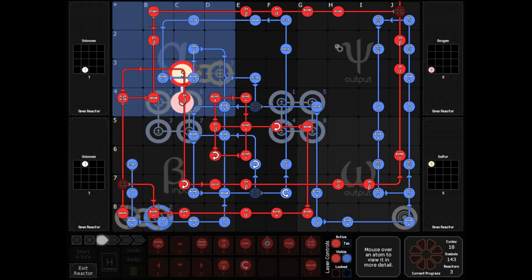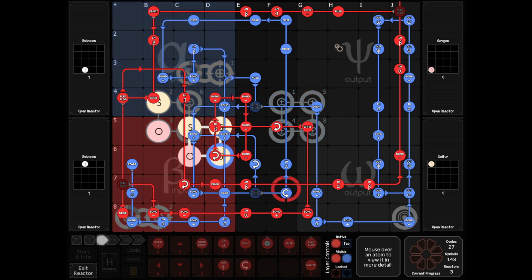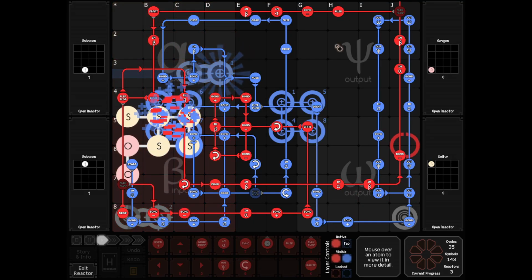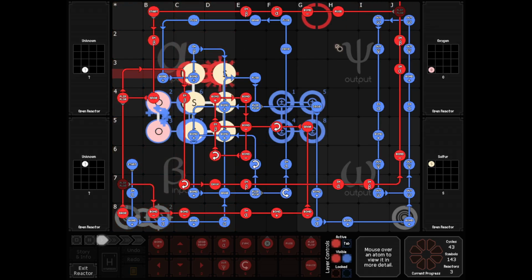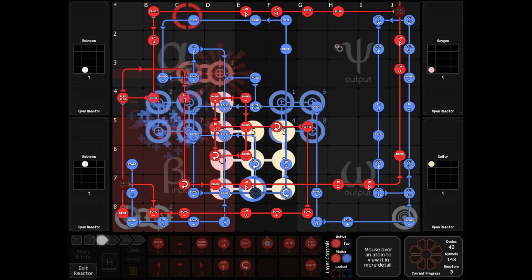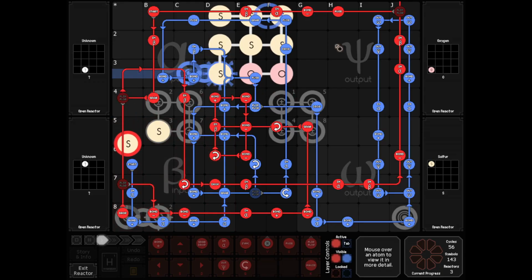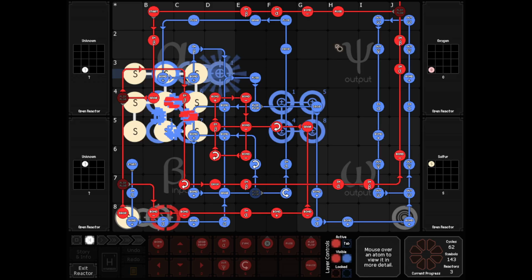I'll just let this run and then we can talk about it afterwards. So observe that input atom position is quite bad.